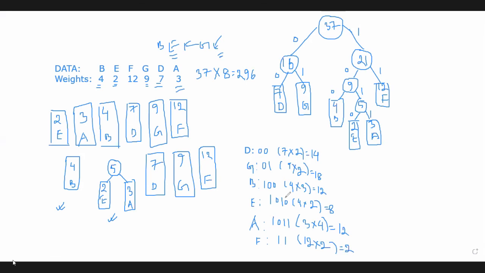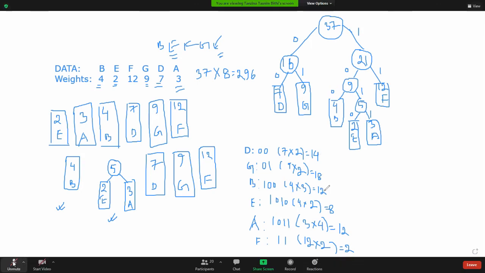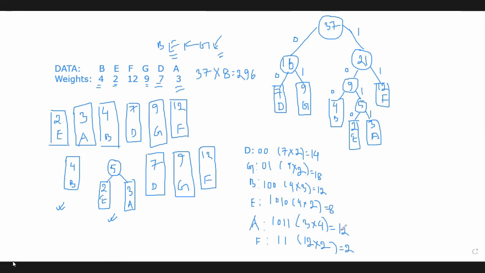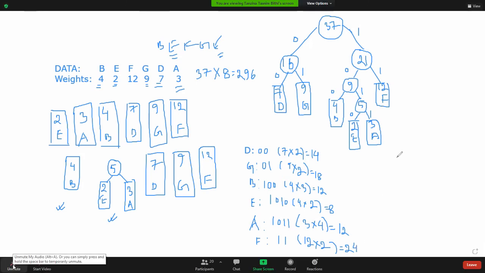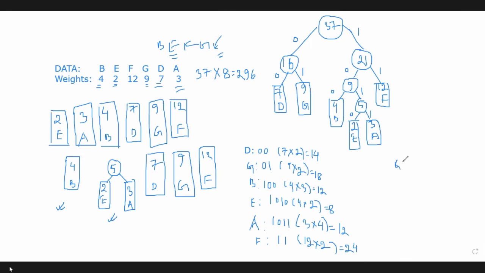Now we have to find out the total number of bits that are needed for sending all the characters. Now add all these values. 14 plus 18, 32. 32 plus 12, 44. 44 plus 8, 52. 52 plus 12, 64. 64 plus 24, 88, right?